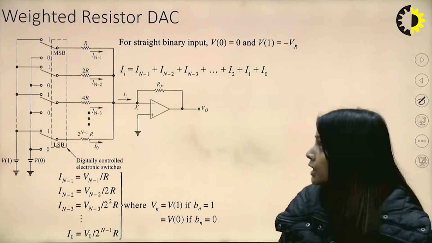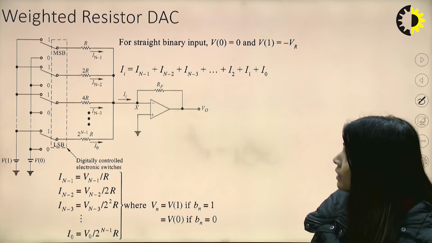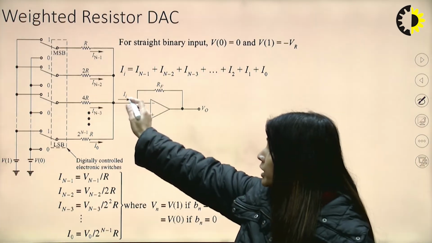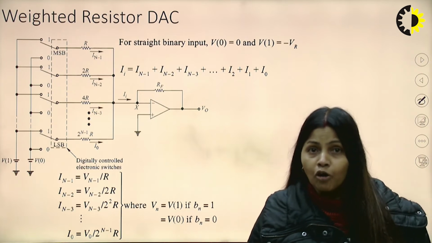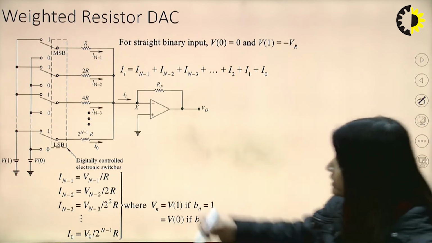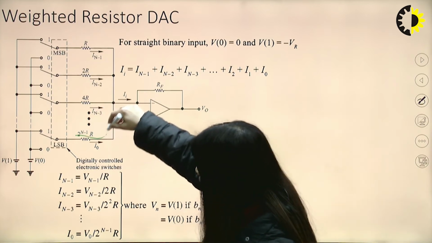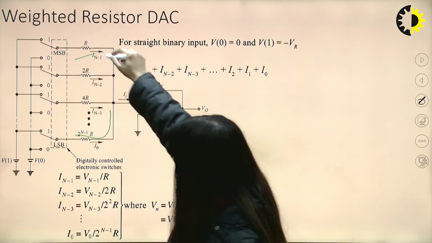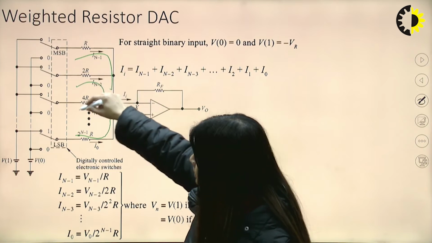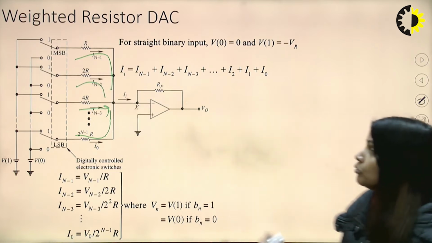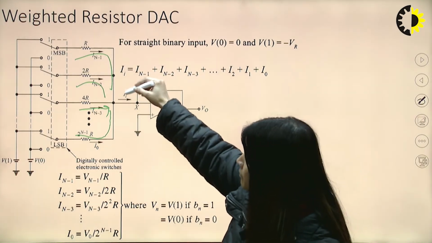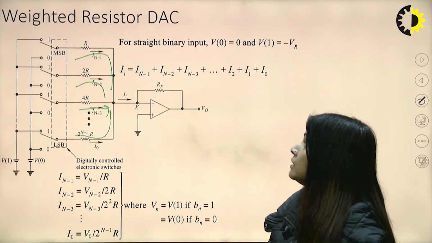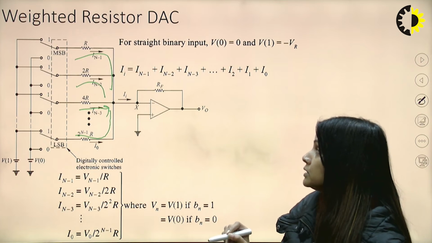Now we can see the input current Ii. We can apply Kirchhoff's current law, and all the currents, I0 up to In minus 1, are added to give the value of the input current to the op-amp circuit.